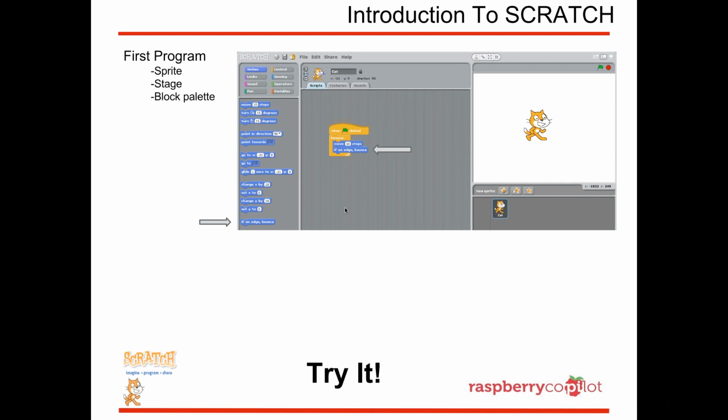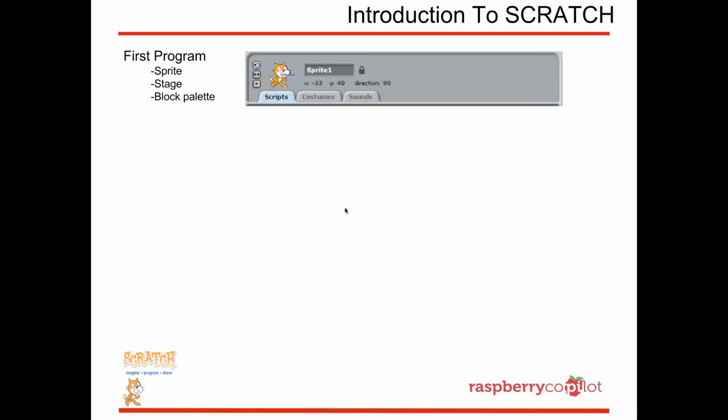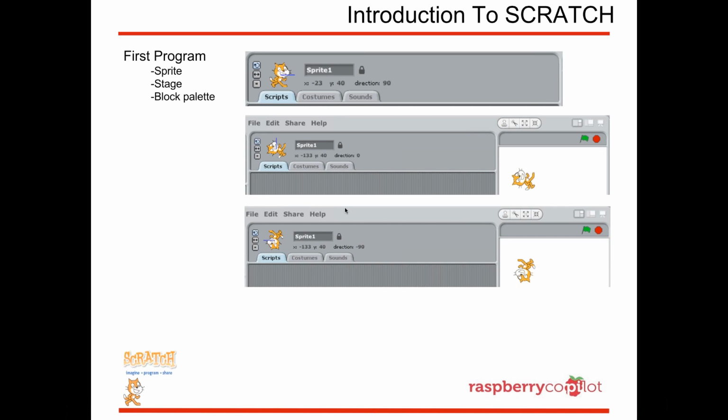Excellent. All right. Now, what we're going to do is look at the sprite area. We're going to zoom in here. You can change the name of the sprite here, but I want you to notice the blue arrow. If we change the direction of that blue arrow, it will correspond with the way the sprite moves.